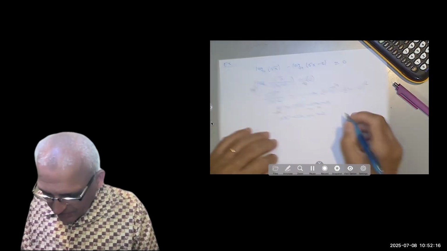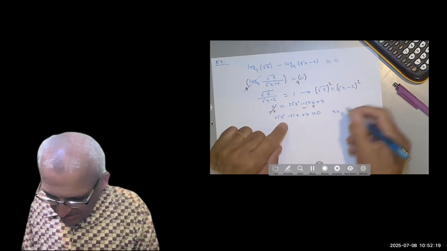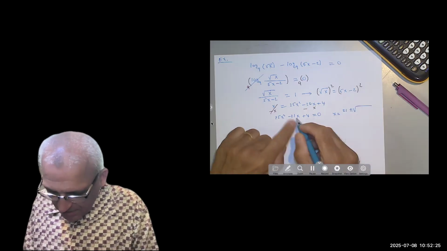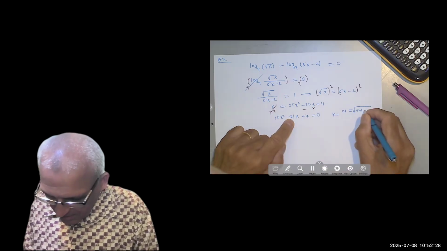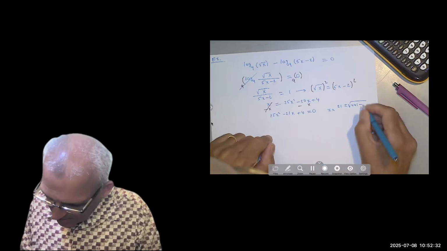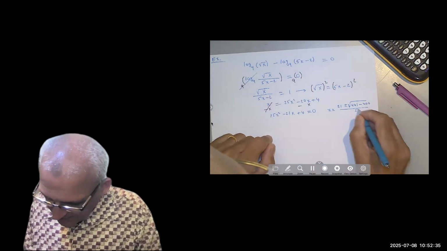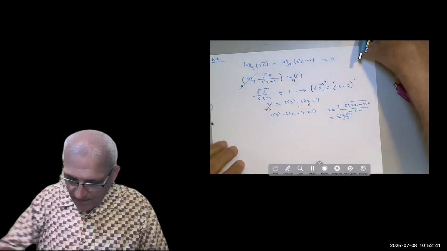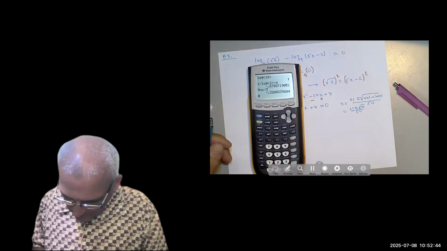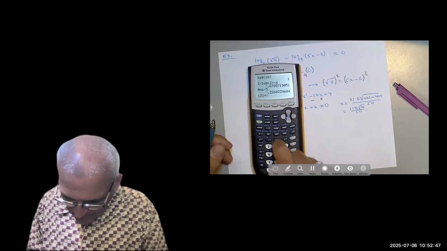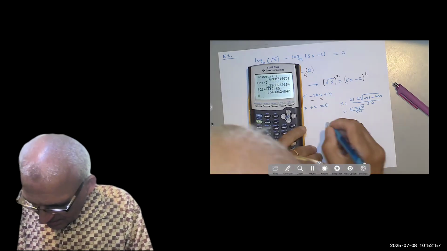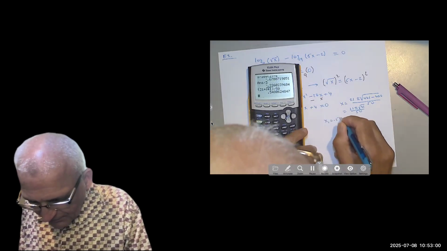I can use the calculator to find x, which in this case would be negative b plus or minus the square root of 441 minus 400, over 50, equals 21 plus or minus root 41 over 50. So I get x, the first one is 0.548.